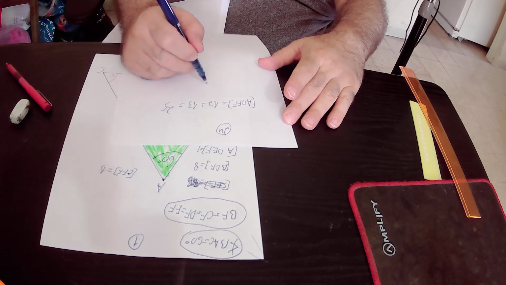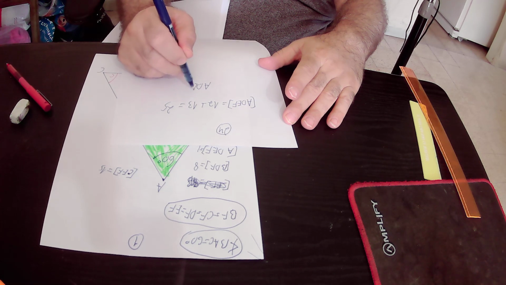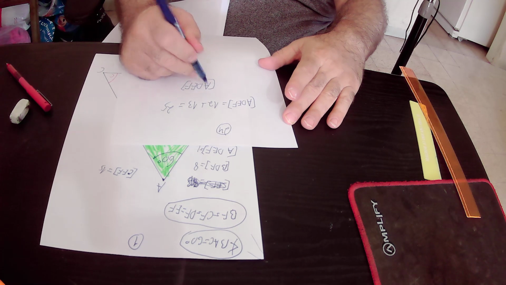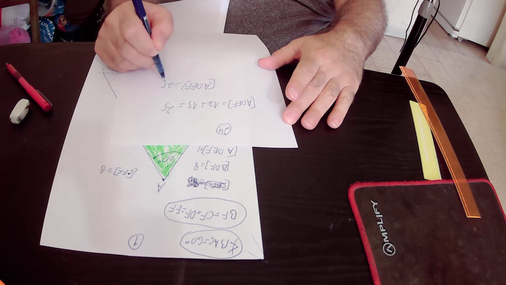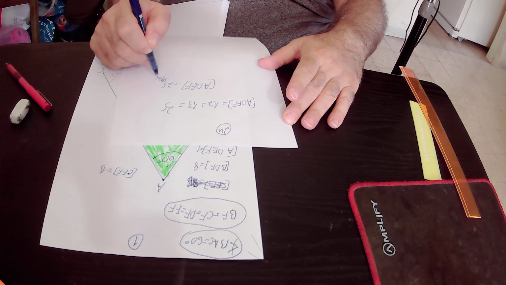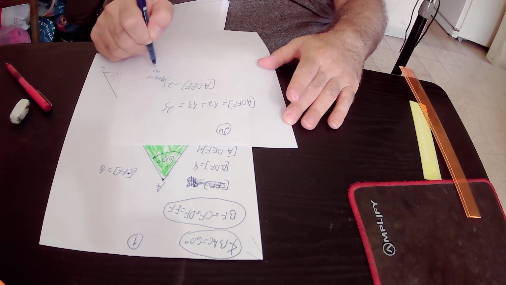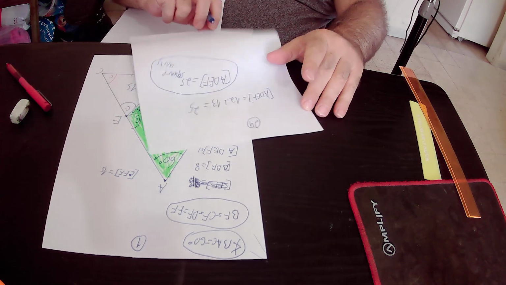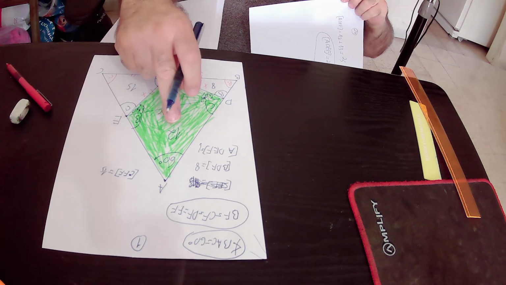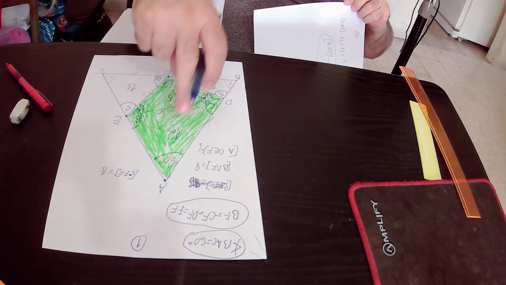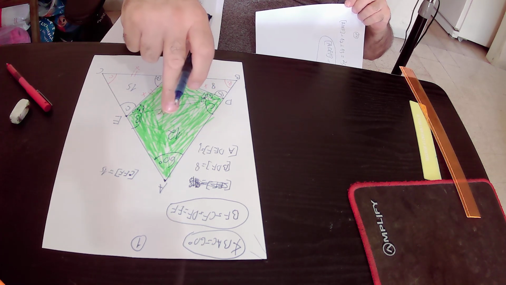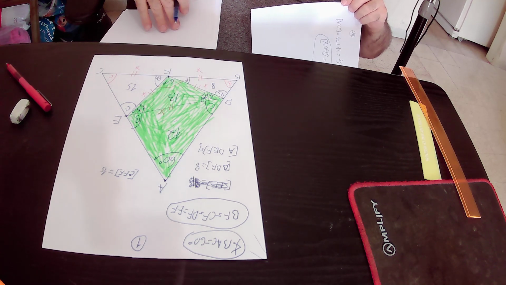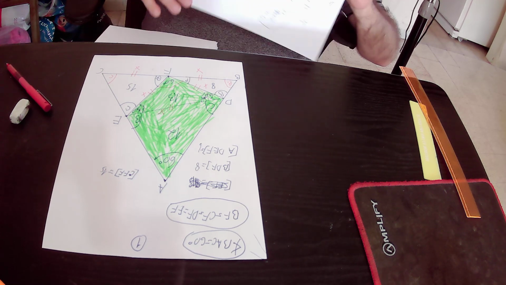So we found that the area of the green shape, quadrilateral ADEF, equals 25 square units.